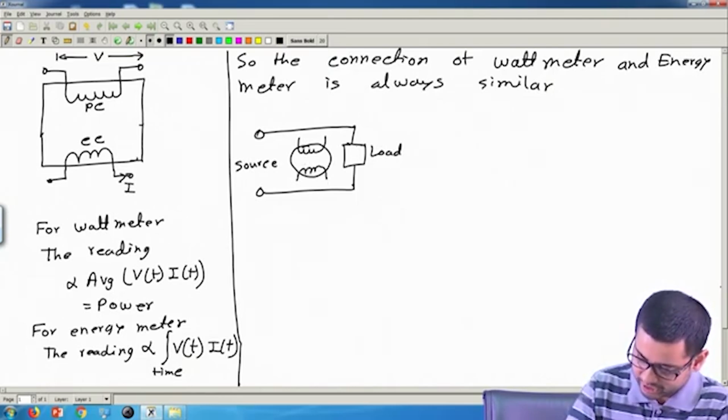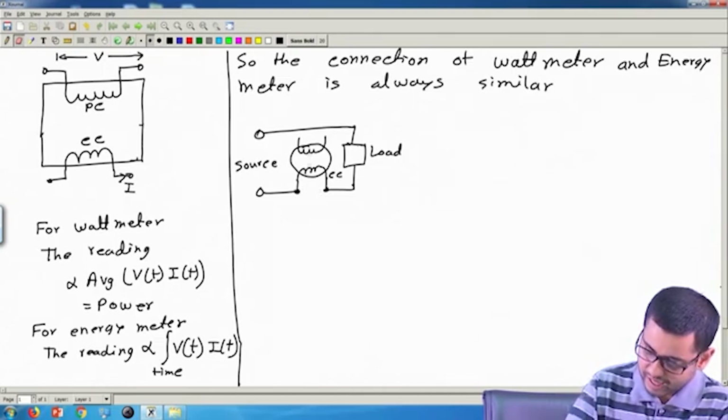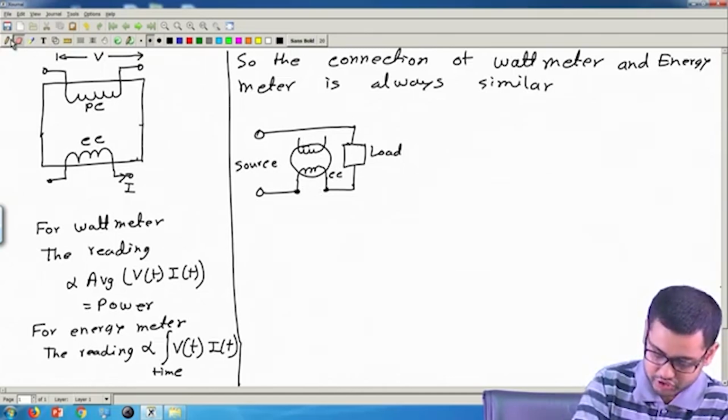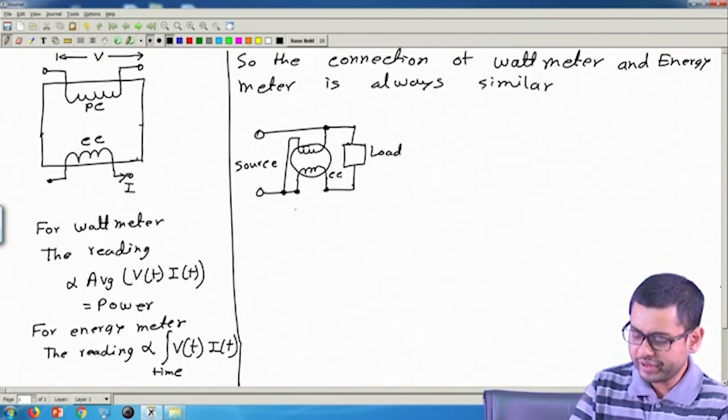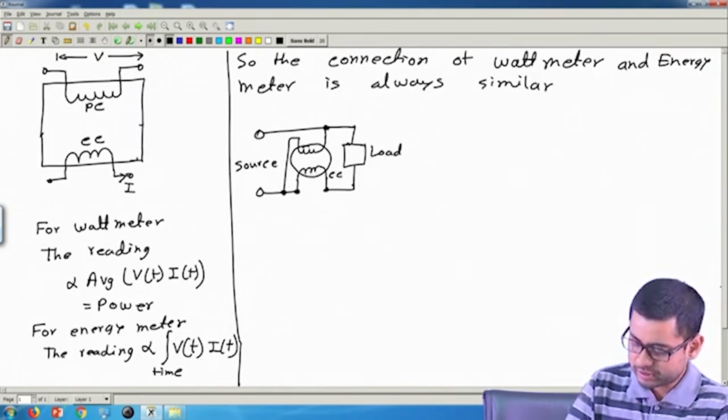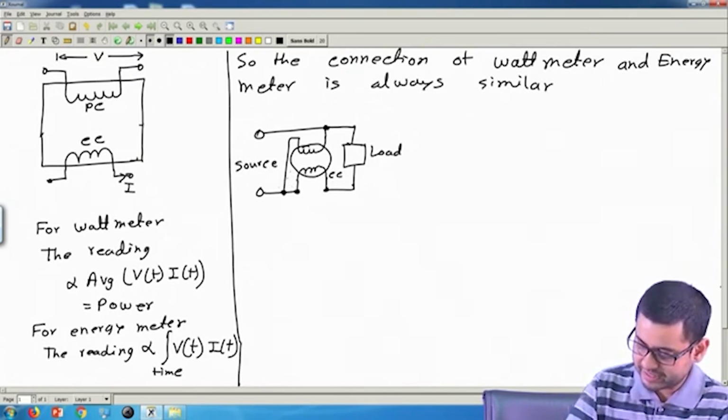Now this current coil, you connect in series, and this you connect across the load, like this.